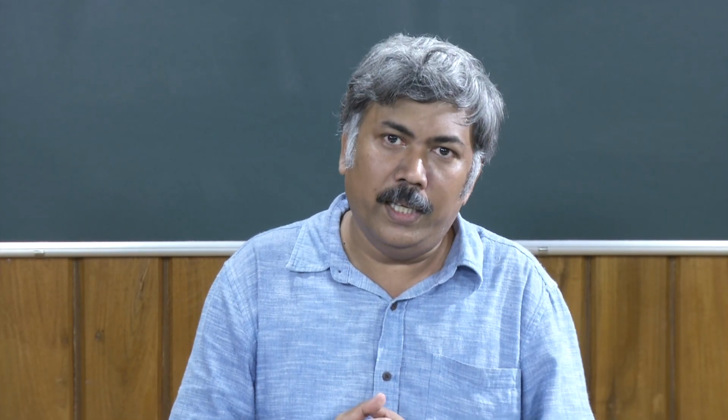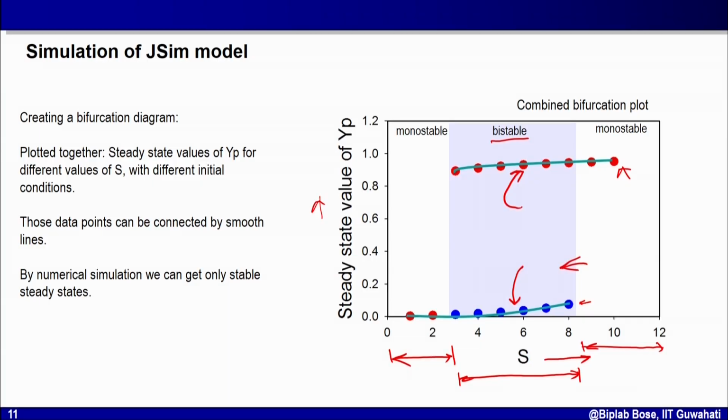So what I have got here is a partial bifurcation plot. I call it partial because remember, both the steady states are actually stable. If you compare with a real bifurcation plot, the way I have drawn a few slides back, you have another dotted line somewhere here which represents unstable steady states.